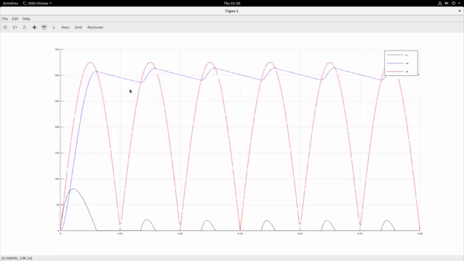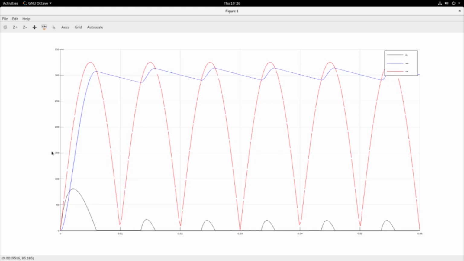Let me expand this so you get the various wave shapes. The black waveform is the inductor current just before the capacitance node.